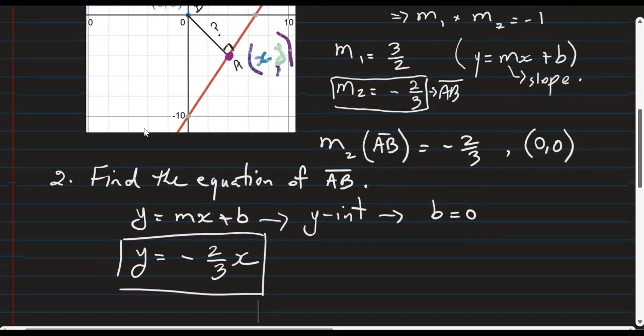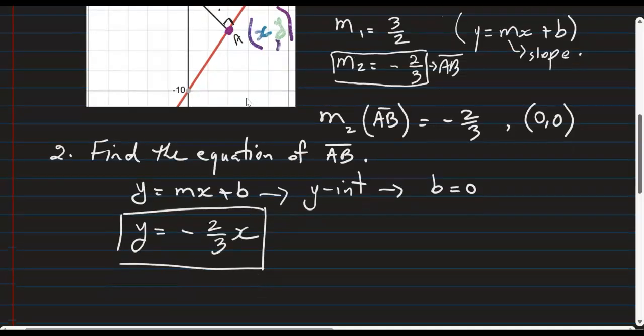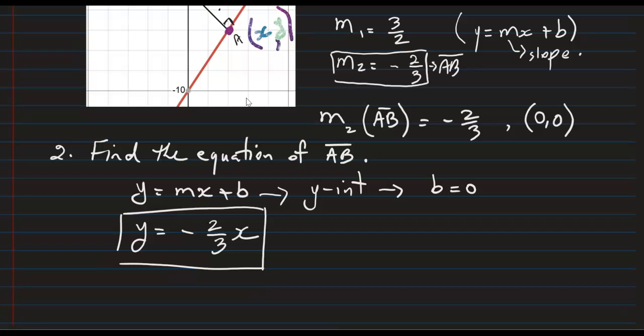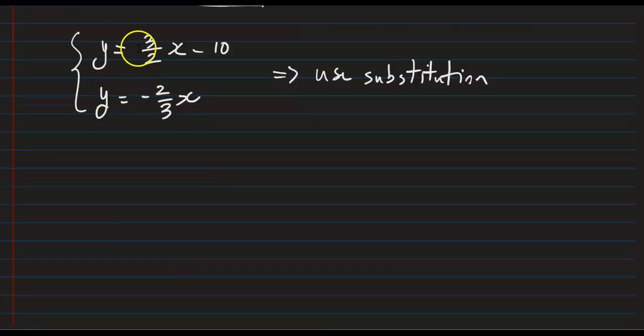There are two ways to solve for that point of intersection: either the graphic method or the algebraic method. I'm going to start by setting up the algebraic method, but I will not solve it algebraically. I'm going to use the graphic method. All right, so let's go ahead and do that. Here is the system of two equations and two unknowns. Both lines are here. You're going to use the substitution method.